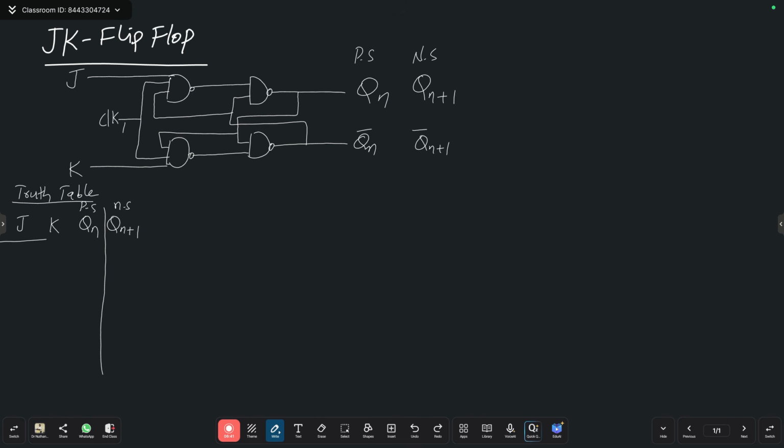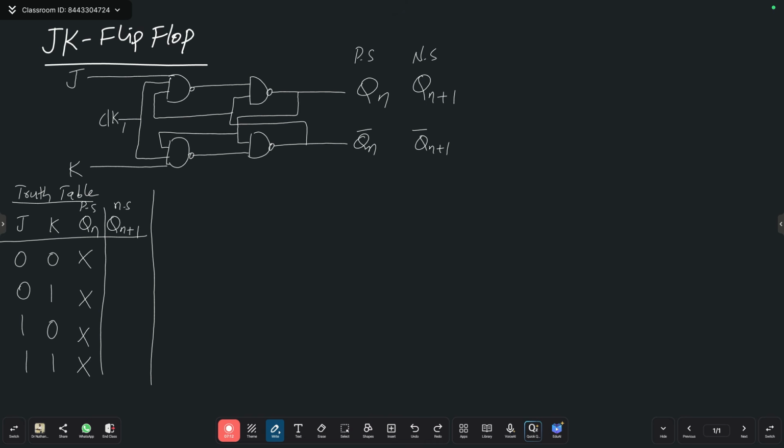Present state is Qn. Correct? Now tell me, the possibilities are 0 0, 0 1, 1 0, 1 1. For all these cases, we don't know the present state. Then what is the present state? Do not care condition you should take. Correct? Yes or no?